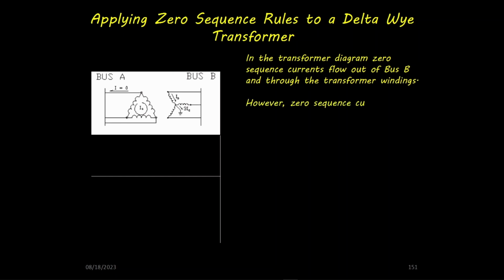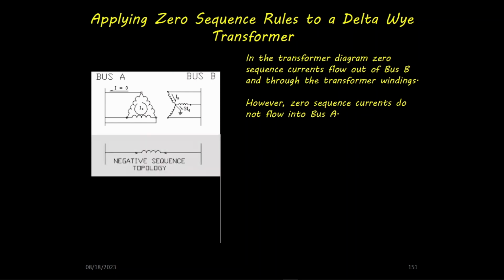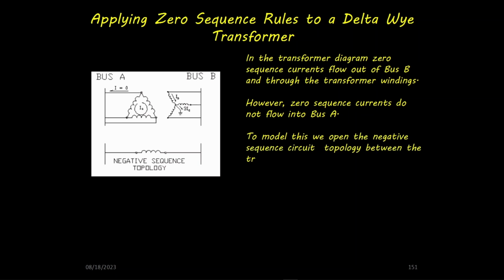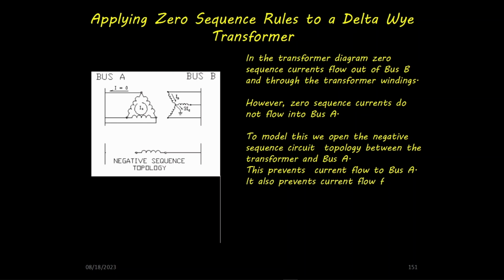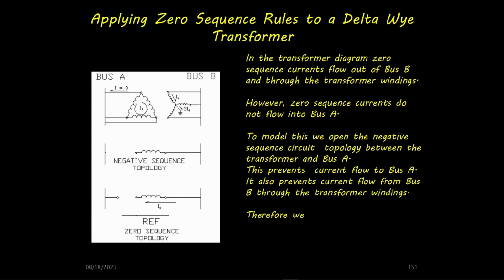However, zero sequence currents do not flow into bus A. To model this, we open the zero sequence circuit topology between the transformer and bus A. This prevents current flow to bus A. It also prevents current flow from bus B through the transformer windings. Therefore, we must connect the transformer winding to the reference bus to provide that current path.